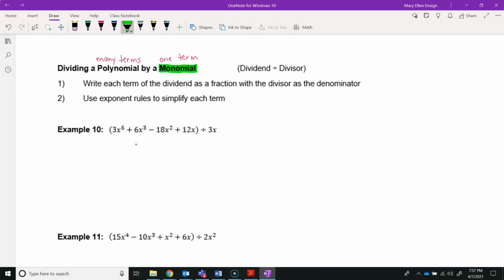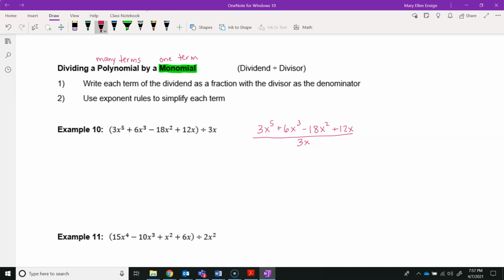Another way this could be written is 3x to the 5th plus 6x to the 3rd minus 18x squared plus 12x divided by 3x. We could also write this division that way, either way.